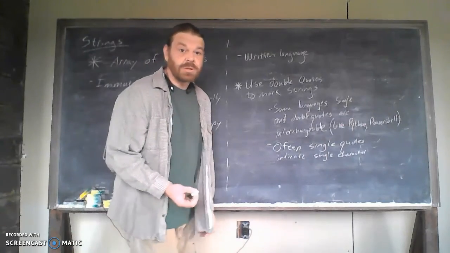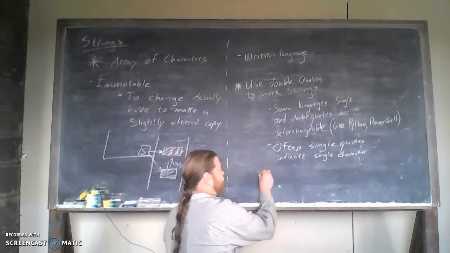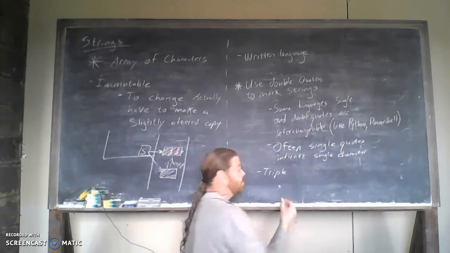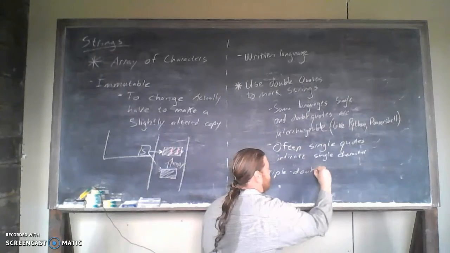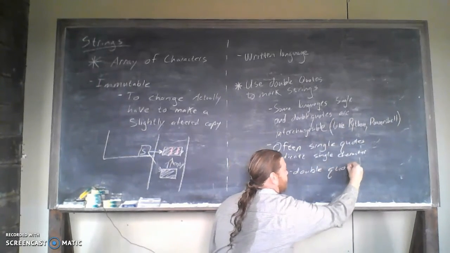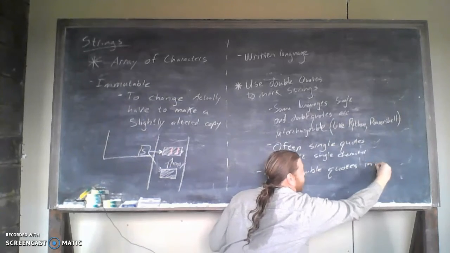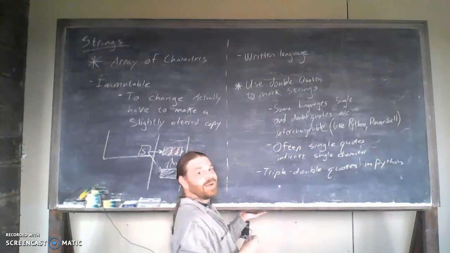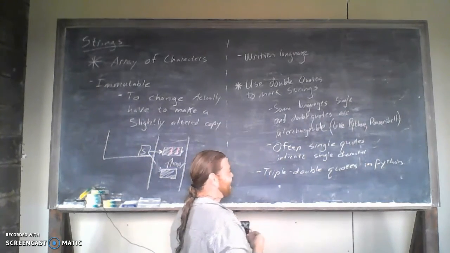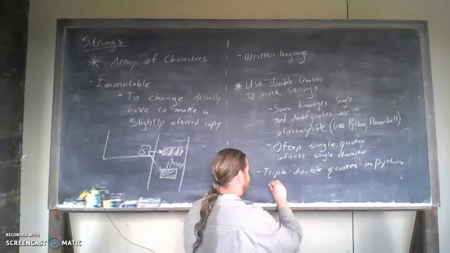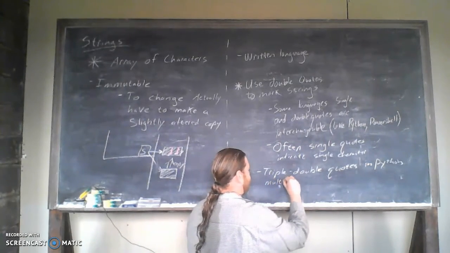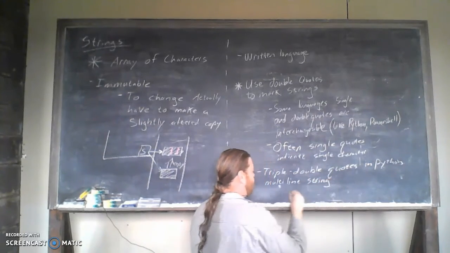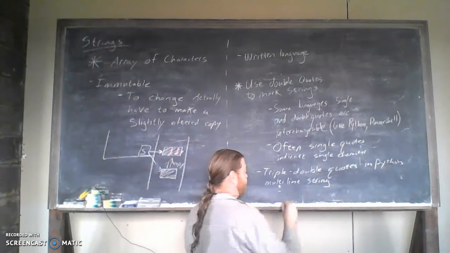Python also has triple quotes. Might as well put that down here. Triple double quotes in Python. Oh, okay, hardly reach. That's supposed to say Python over there at the end. Kind of stretching. So triple double quotes in Python give us a multi-line string, which essentially just makes the code look nicer.